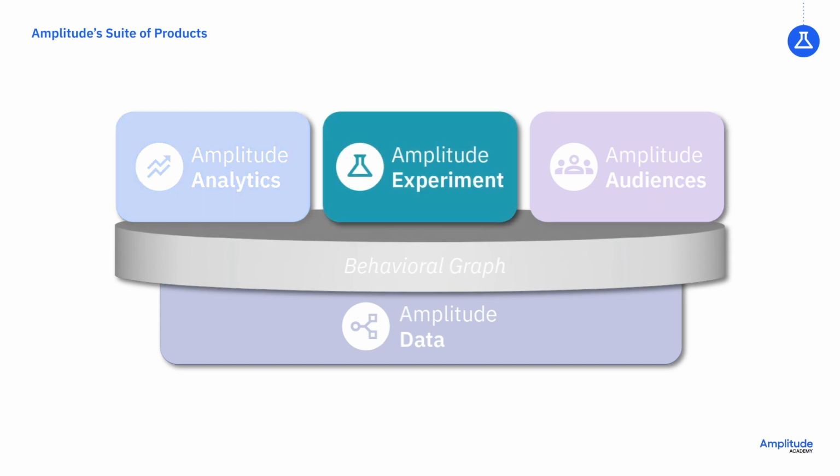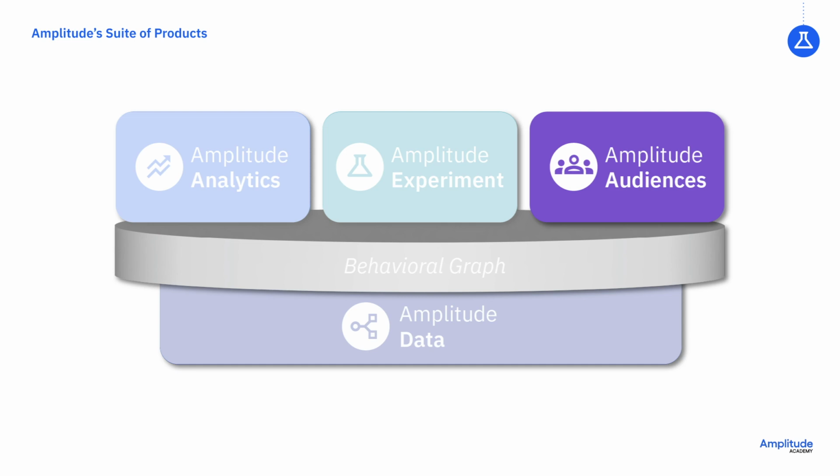Amplitude Experiment lets you test your product bets and user experiences for their impact on retention and engagement. And finally, Amplitude Audiences helps translate customer insights into action by giving you the tools to create behavior-based audiences and activate them in downstream destinations, as well as the means to personalize each experience for maximum engagement.